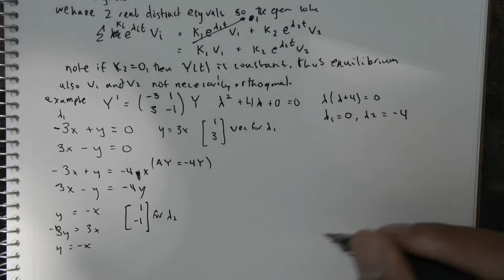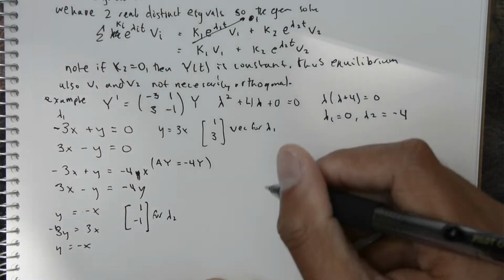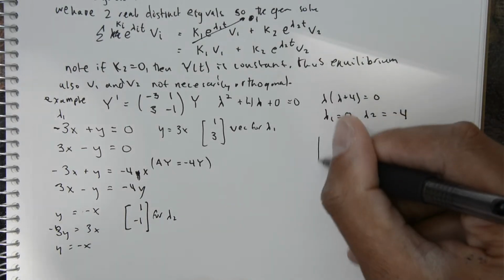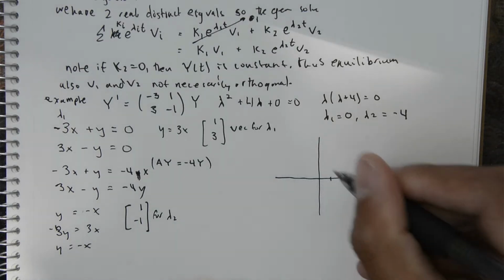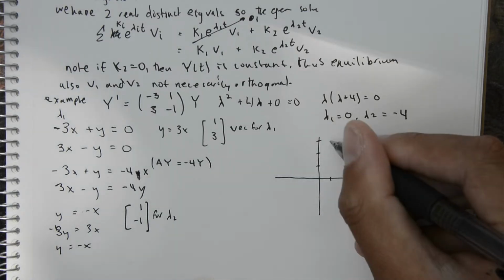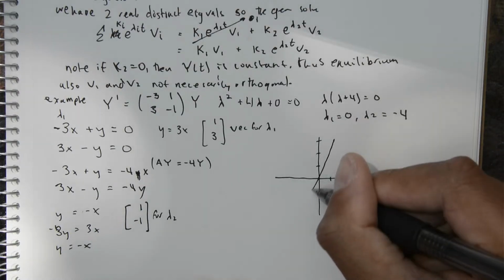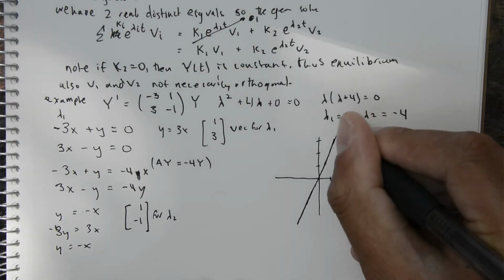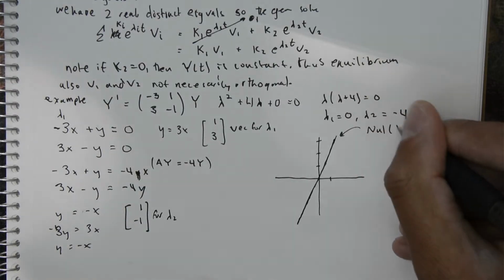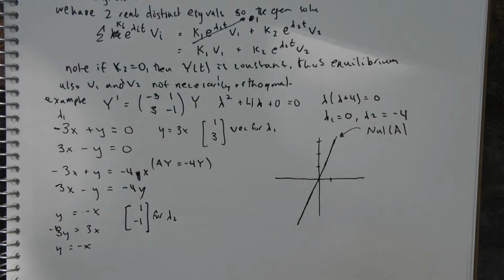And I just want to draw a picture, maybe. Okay, so 1, 3. This is actually the null space of A, the kernel, or whatever you want to call it.